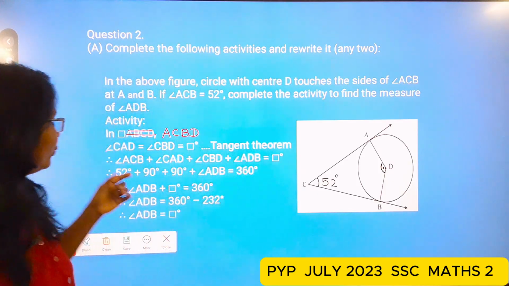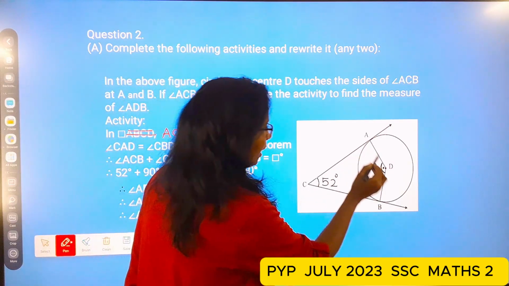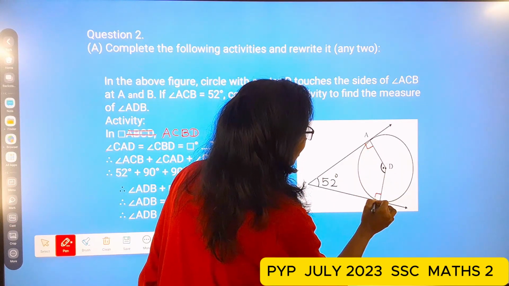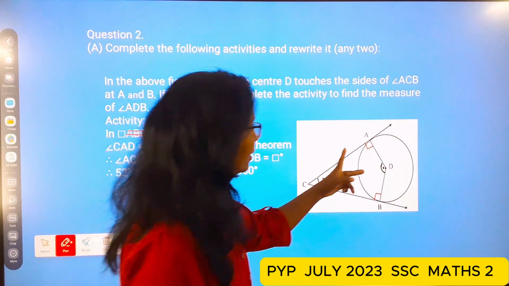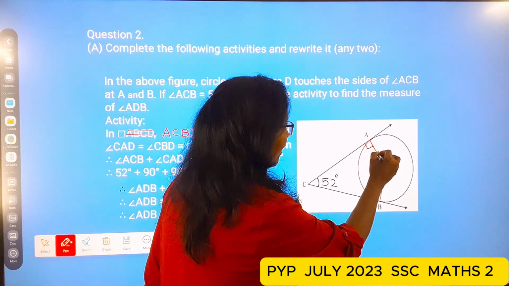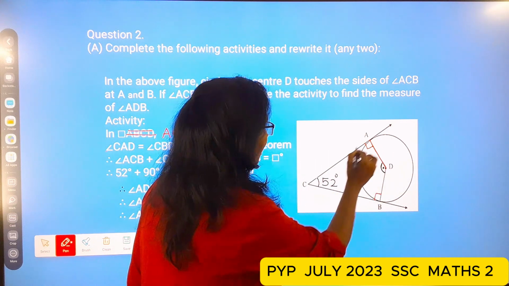Yes students, here is angle CAD, and this is angle CBD. Here AD is a radius, and CA is a tangent.